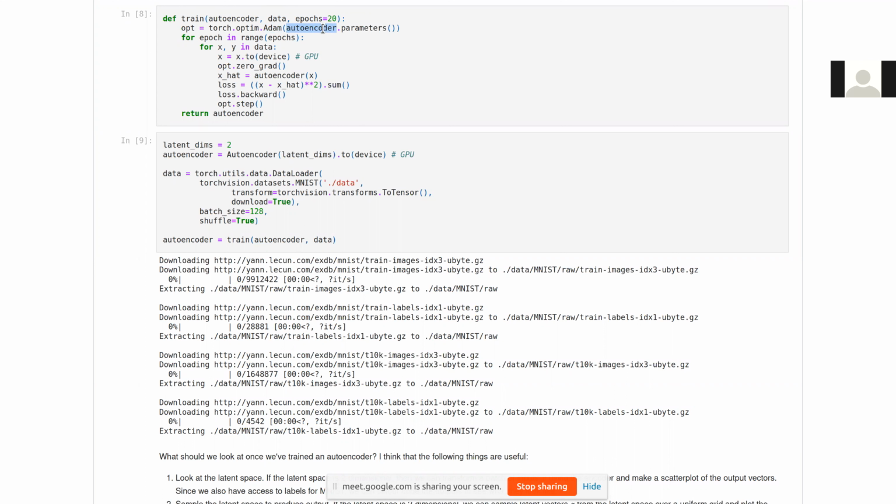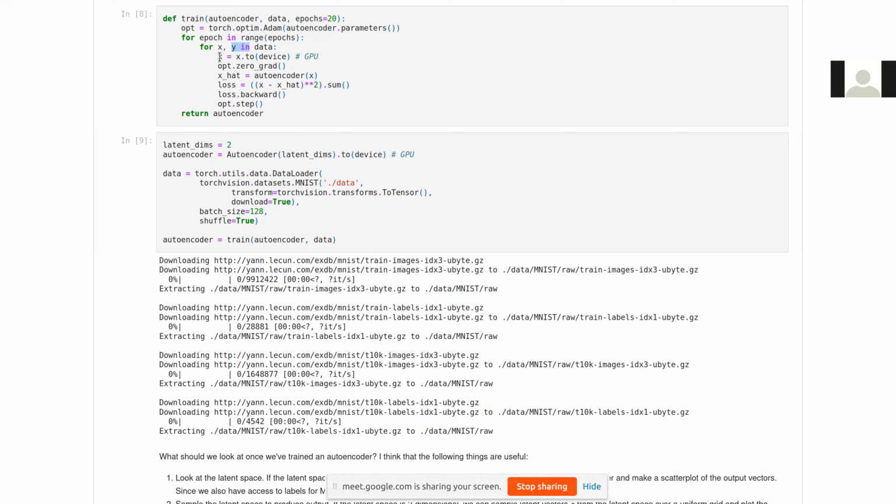And the parameters here are the weights and biases of each and every layer in the encoder and decoder. Then we train the model for a number of epochs. For each X and Y in data, we are not interested in Y. Y is the label of the image. So we can ignore Y for now and just focus on X.